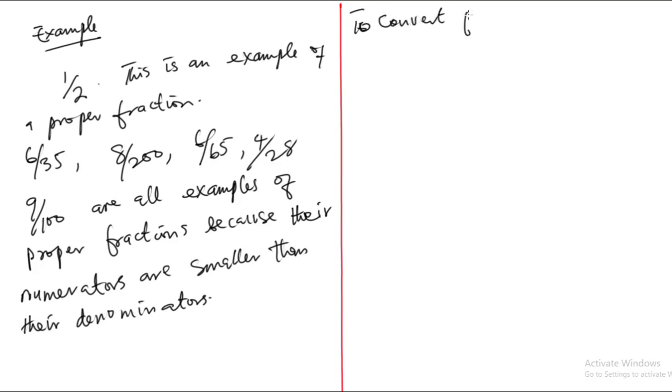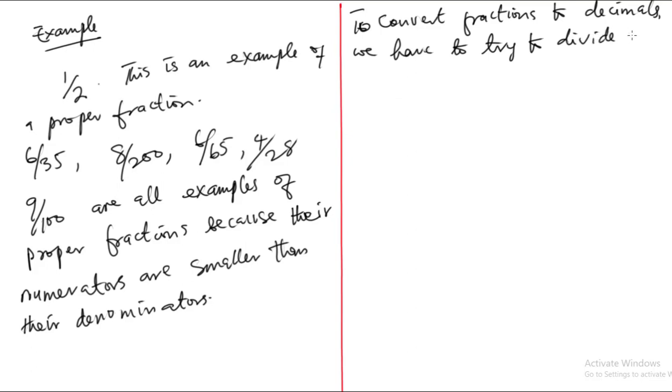To convert fractions to decimals, we divide the numerator by the denominator. Since the numerators are smaller than the denominator, it might not be easy to do this naturally. So there comes our 0 before our decimal point.